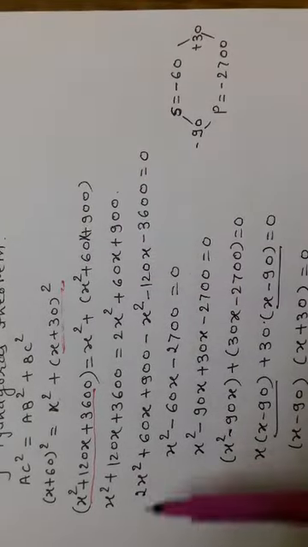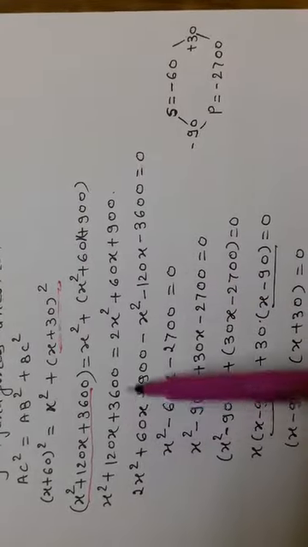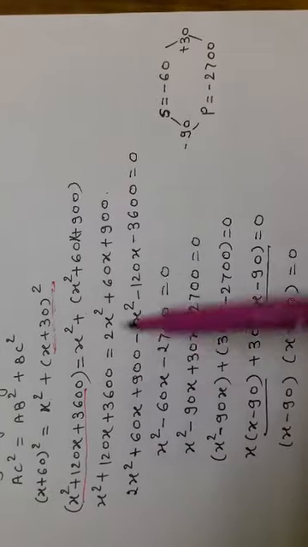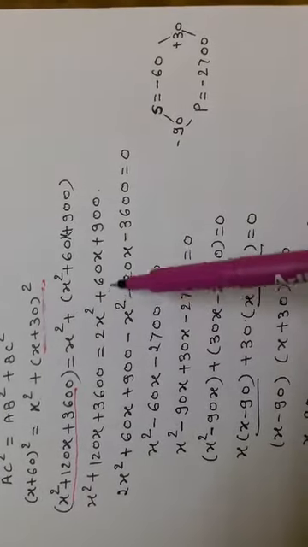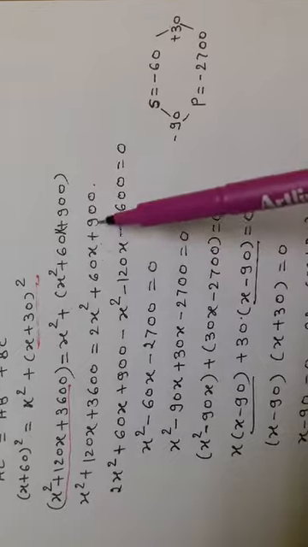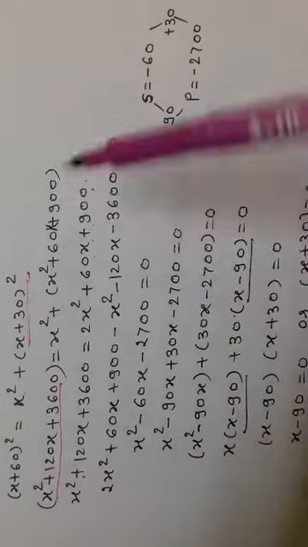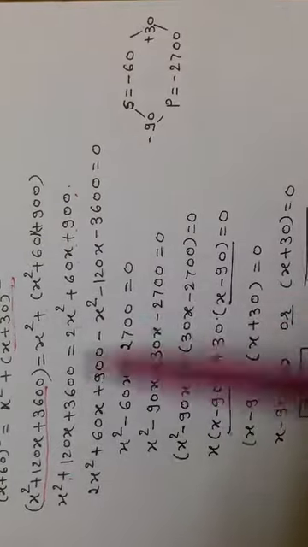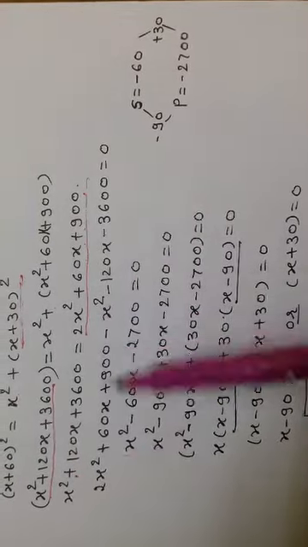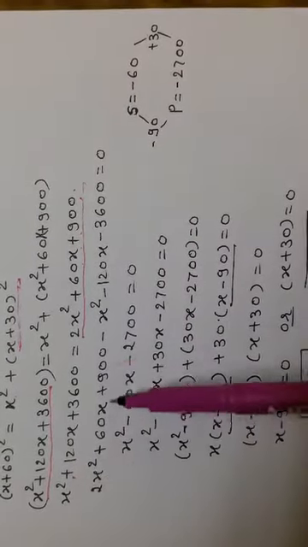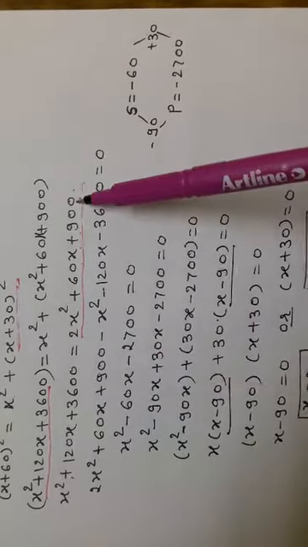Now we have to solve this. x square plus 120x plus 3600 is equal to 2x square plus 60x plus 900. Now we will shift these terms to the right hand side, because we want this to be a positive term. So 2x square plus 60x plus 900 we keep as it is.